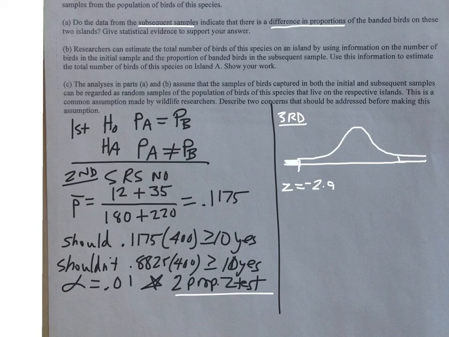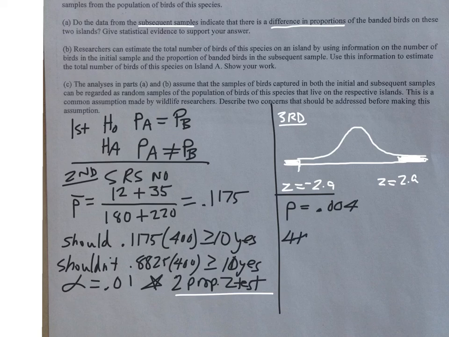And since it's a 2-sided test, we also have to shade on the symmetric side, on the positive side of it, the same amount of probability. That's important. But maybe more important than that would be our p-value, which would be about 0.4%.